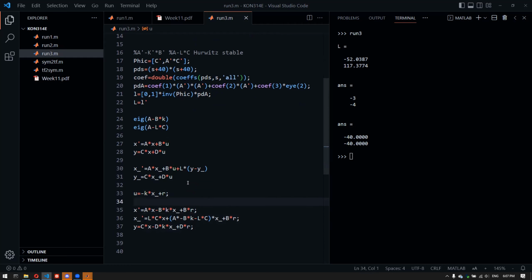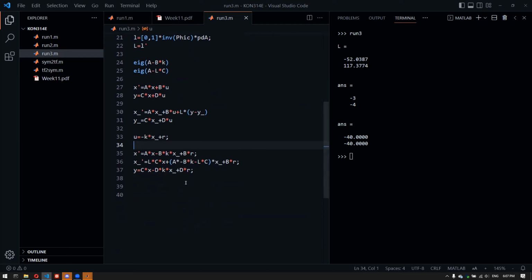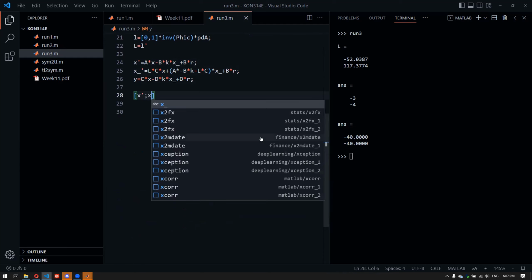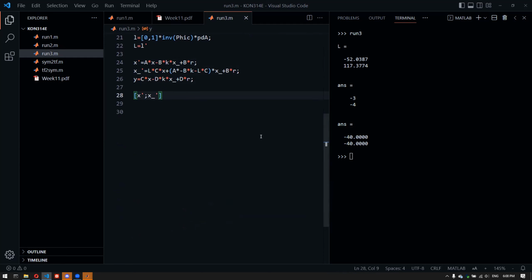So I've done this whole thing in order to be able to simulate this like a single system here. And I'm going to do that by defining an augmented system here, which will have states like this: the system states and the observer states. So this is my new X augmented or closed loop, and my A matrix is going to be the following.